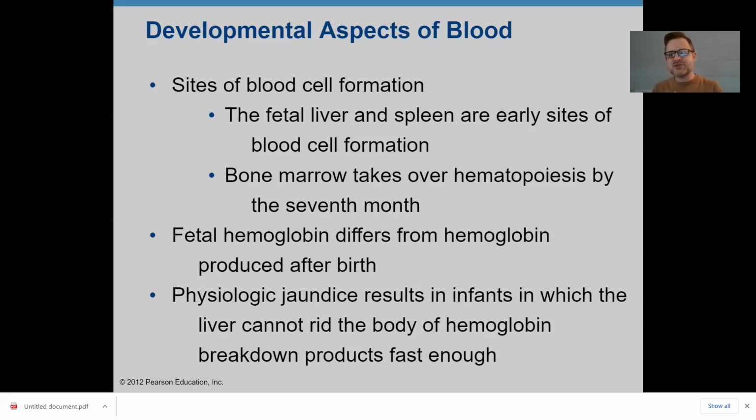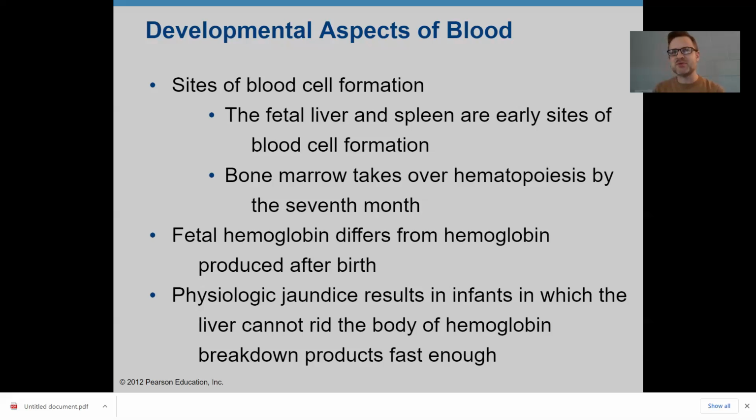Physiologic jaundice. This is when a baby is born with kind of a yellowish tinge to it. Jaundice, so you have different biochemical pathways where you break down hemoglobin from blood cells that are dead. If that process is slowed or inhibited, your skin turns yellow, the whites of your eyes turn yellow. Babies can oftentimes be born with jaundice, which is when they're just a little bit slow at metabolizing dead red blood cells and hemoglobin.